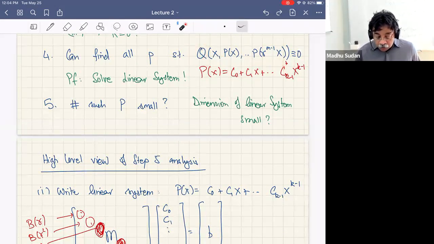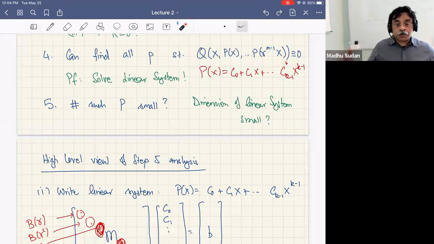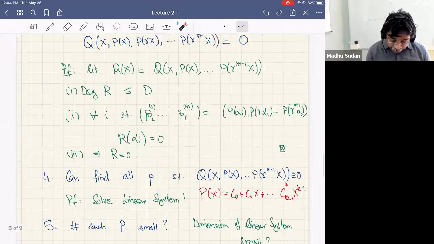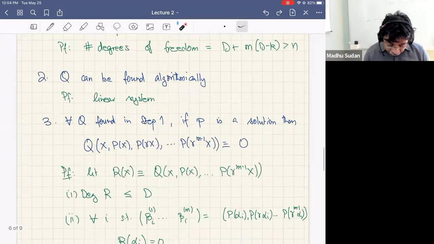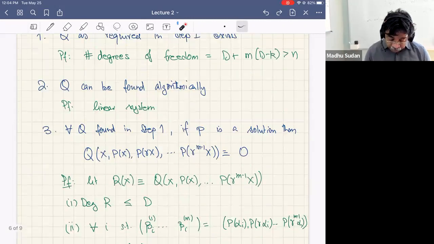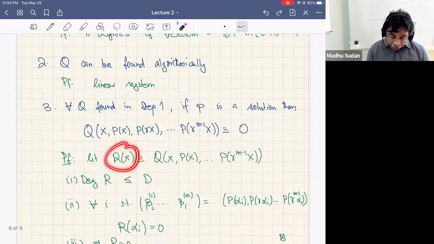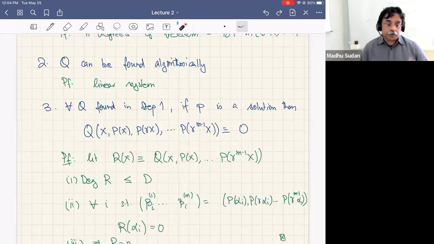So you'll write down all of these things, and then this will give you one big polynomial whose coefficients are all known for each degree. It's a polynomial of degree d. So this is the same polynomial that we called r of x here, except we have unknowns for the coefficients of p. So it's going to be some huge polynomial.